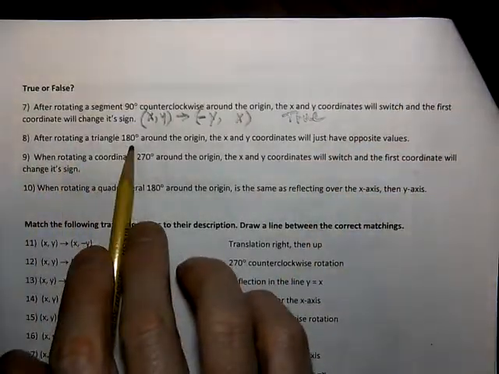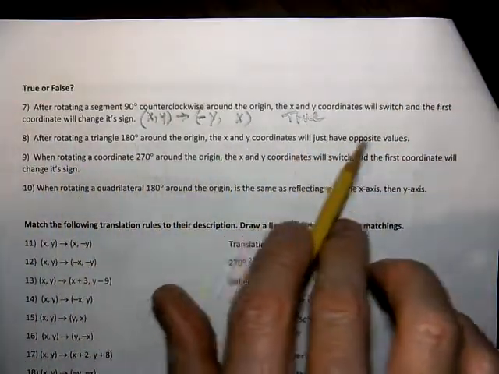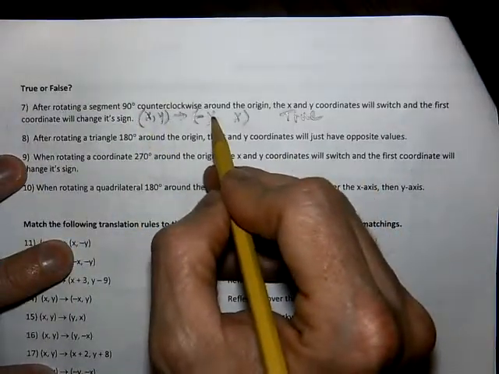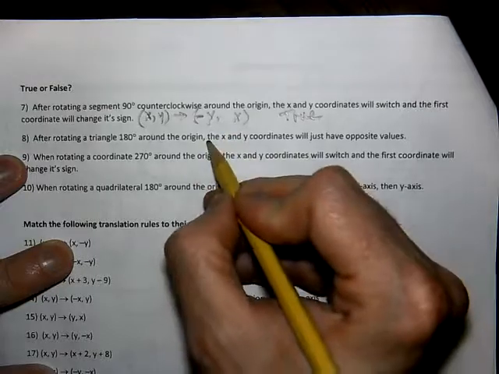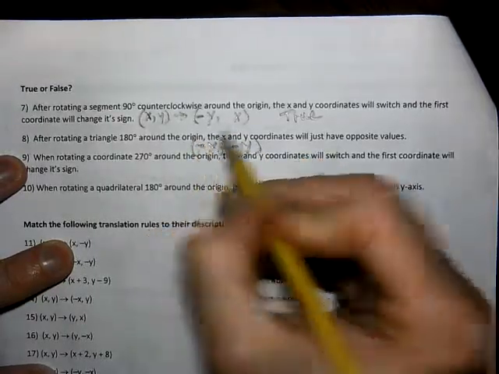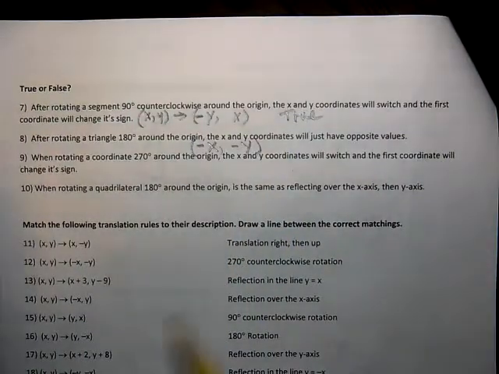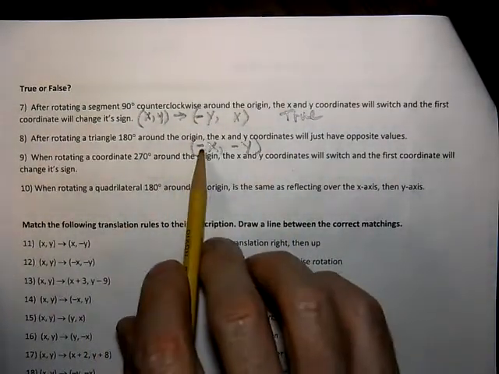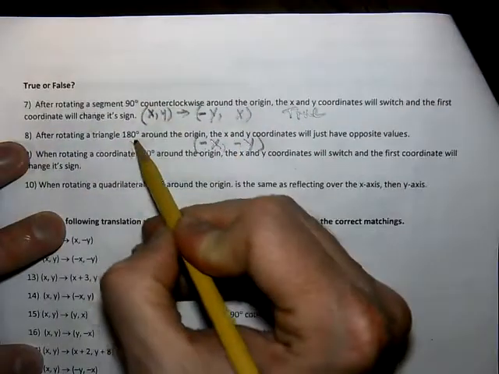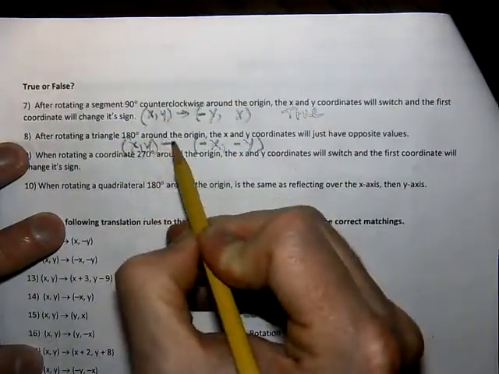After rotating 180 degrees, the x and y coordinates just have opposite signs. Well, if we take this and rotate it again, which gives us x comma negative y, and put the negative in the front because it's again a 90-degree rotation, both coordinates are back in the normal direction and they just switch their sign.